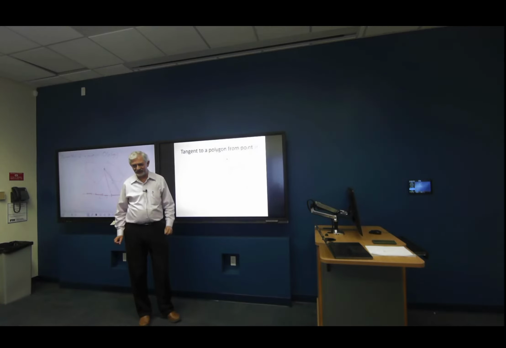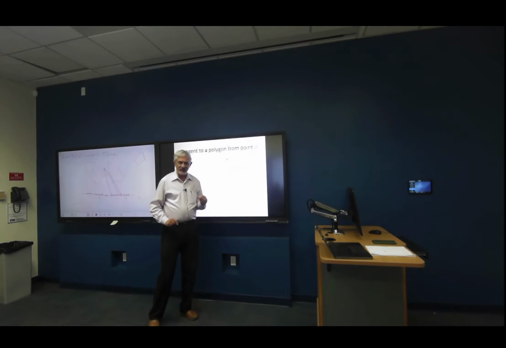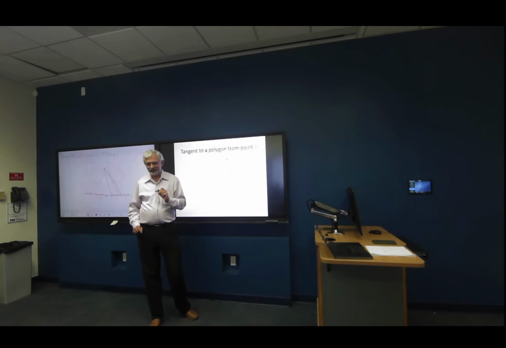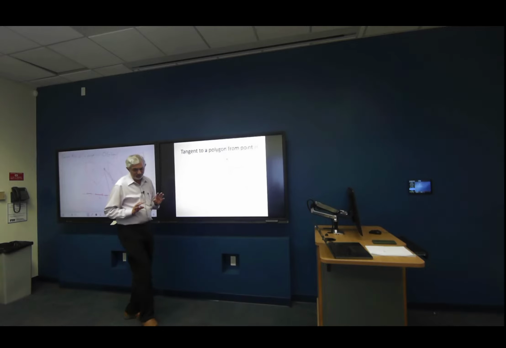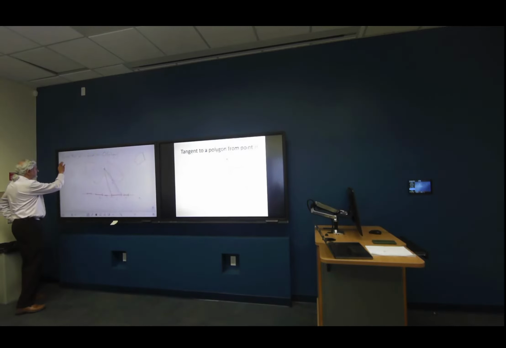Now, in order to find those two tangents, you can use something like binary search. This is a little more complicated, and at this point I'm not even going to try to explain it, but I can find these tangents in log n time. That's what you need to know.